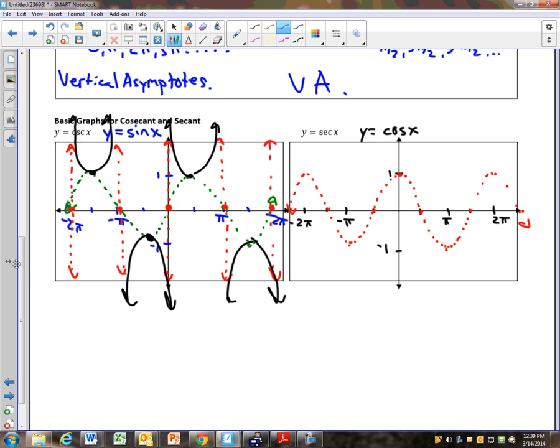Okay, so that's what I have. I have my graph. And what do I do next? Vertical asymptotes. And that will happen whenever the graph crosses over the x-axis.